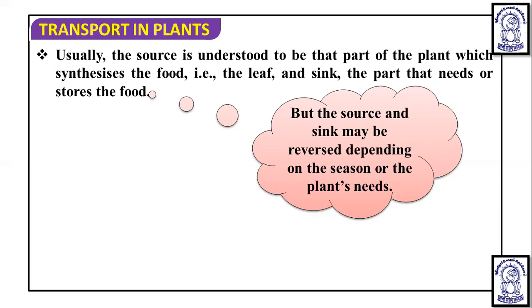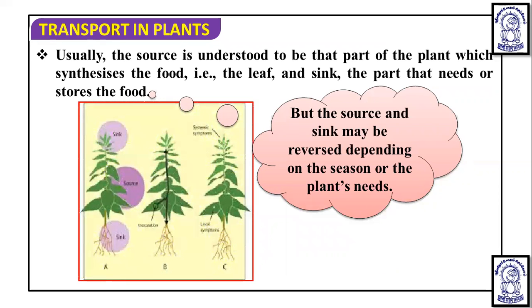But the source and sink can be reversible. The source and the sink may be reversed depending on the season, the plant's need, or the conditions. Suppose when the plant is actively photosynthesizing, the leaf will act as a source and the root will act as a sink.